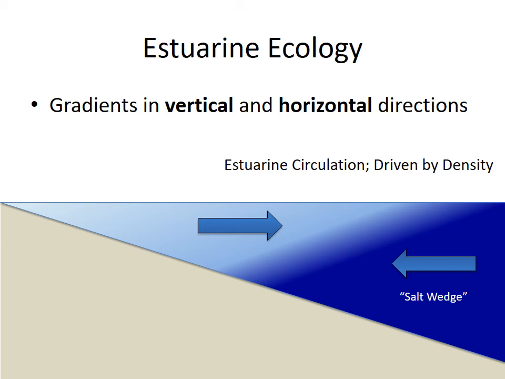So you have this net movement of fresh surface water out of the estuary and net movement of deeper salty water into the estuary. Although there are certainly other currents that affect flow in the estuary as well, like the incoming and outgoing tide. But if you cut through the noise of those daily ins and outs of tide, you have this underlying pattern of surface flow out of the estuary and bottom flow into the estuary.